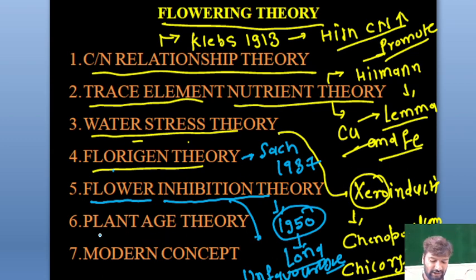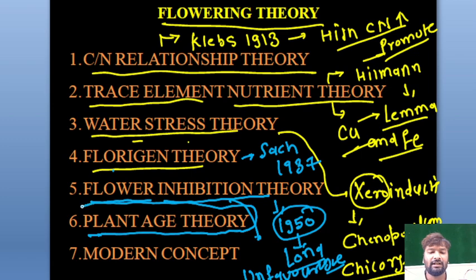And the next theory is the plant age theory. We also discussed in the last lecture that plants have definite phases like vegetative, reproductive.